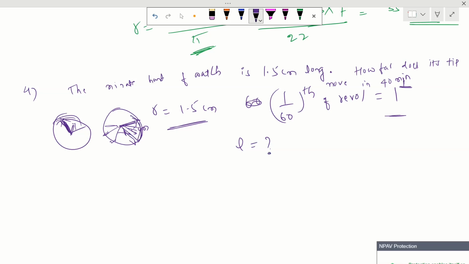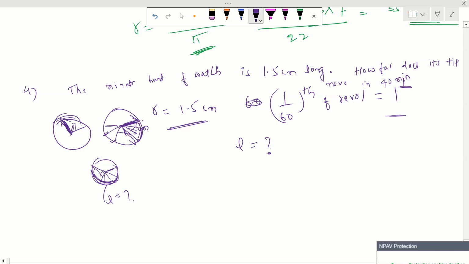We have to find it in 40 minutes. The hand of the clock will start here, then it goes like this. In 40 minutes, what is the distance, what is the arc length?